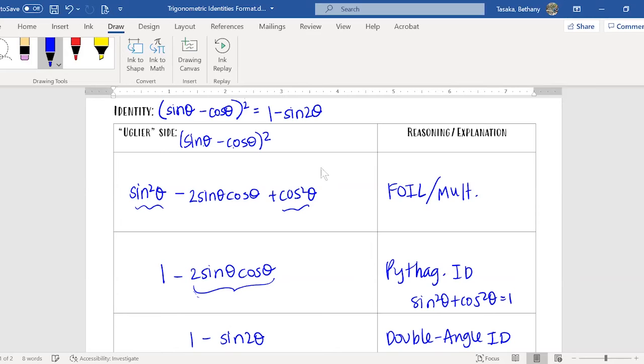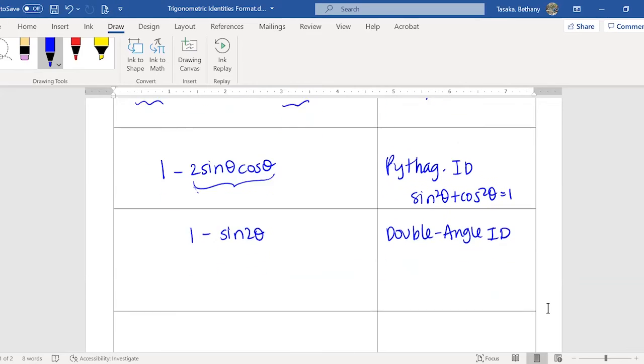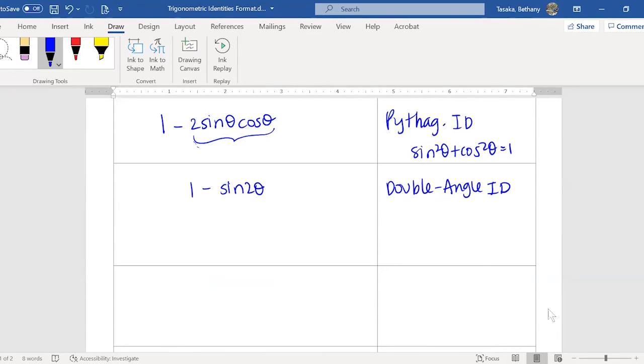Now, I just want to point out the wrong thing to do, especially if you're not following this format, because again, I do want to see this format where there's some sort of reasoning of why you made your choices. But the wrong approach that I do see somewhat often is you have our second to last step. So you've got 1 minus 2 sine theta cosine theta.